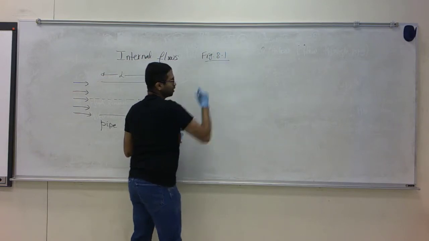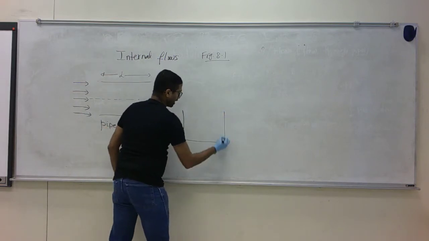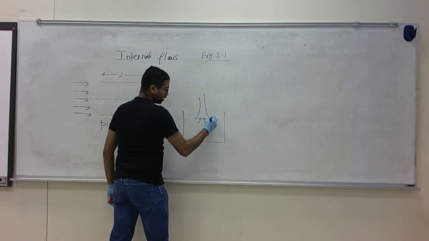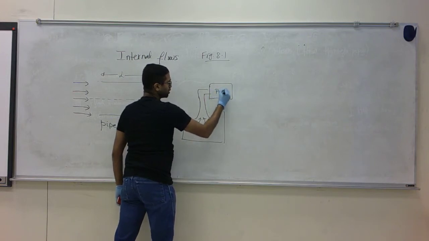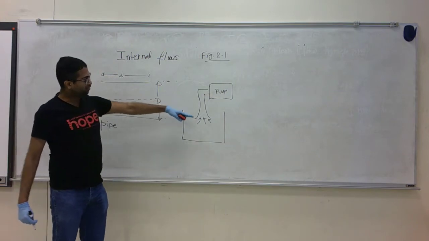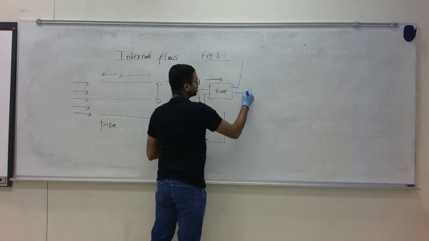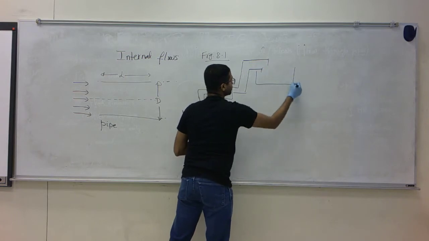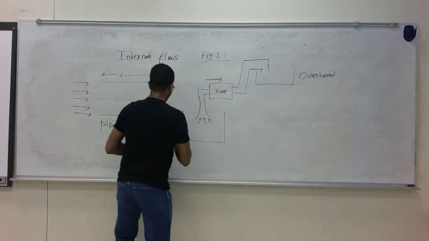If you look at it, what you have in there is a reservoir, and you have a pipe that draws water from the reservoir and then transports this to a pump, like something like an underground tank, and from the tank you draw the water, take it up and then pump it to an overhead tank. So this is an overhead tank and this is an underground tank.